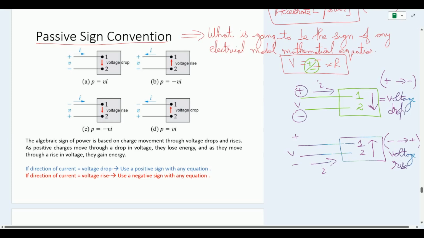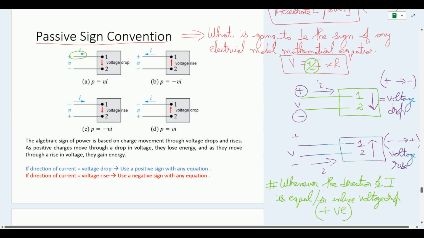Passive sign convention says that whenever the direction of current, the arrow, is in line with the voltage drop, we are going to use a positive sign.